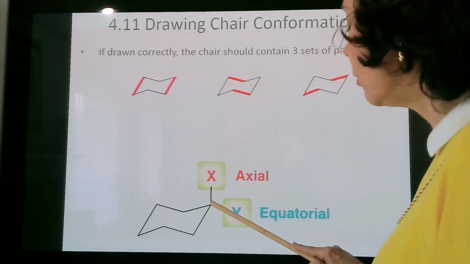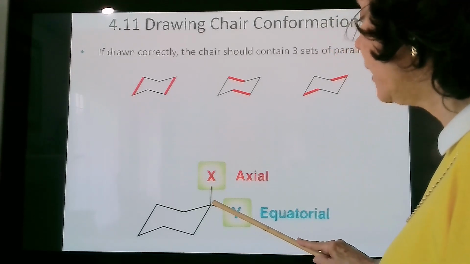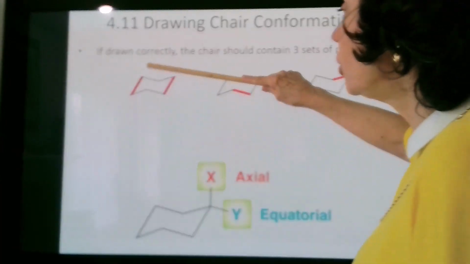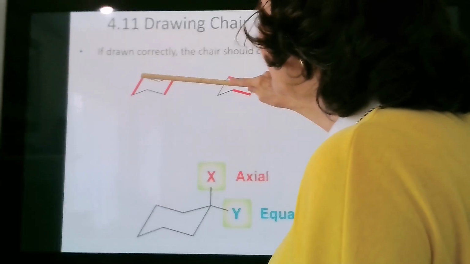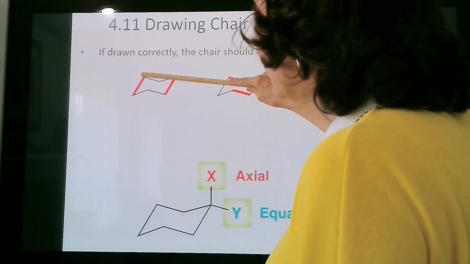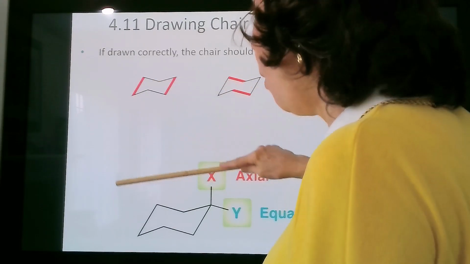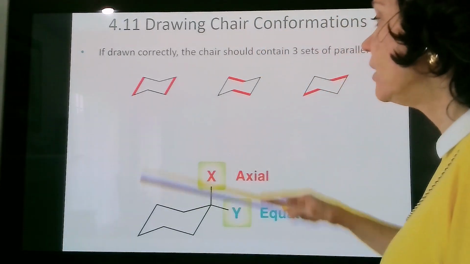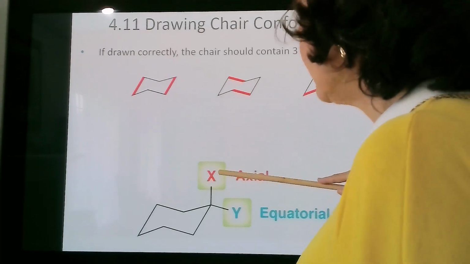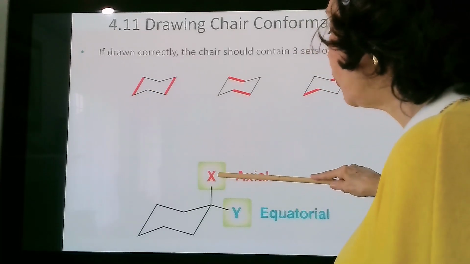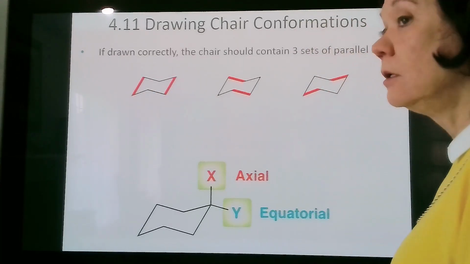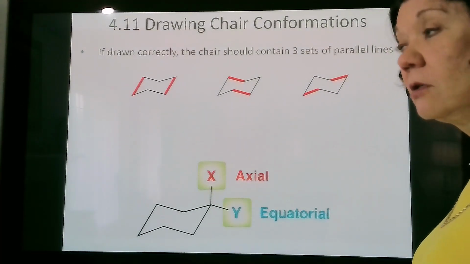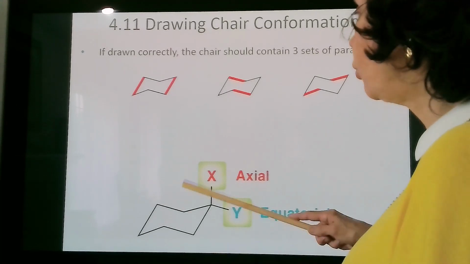The other substituent will be going out in the equatorial position. So on each carbon, you're going to have a substituent going up and out, or down and out. Each carbon is going to have an axial and an equatorial substituent. Even if it's CH, it's going to have an axial and an equatorial, each one.